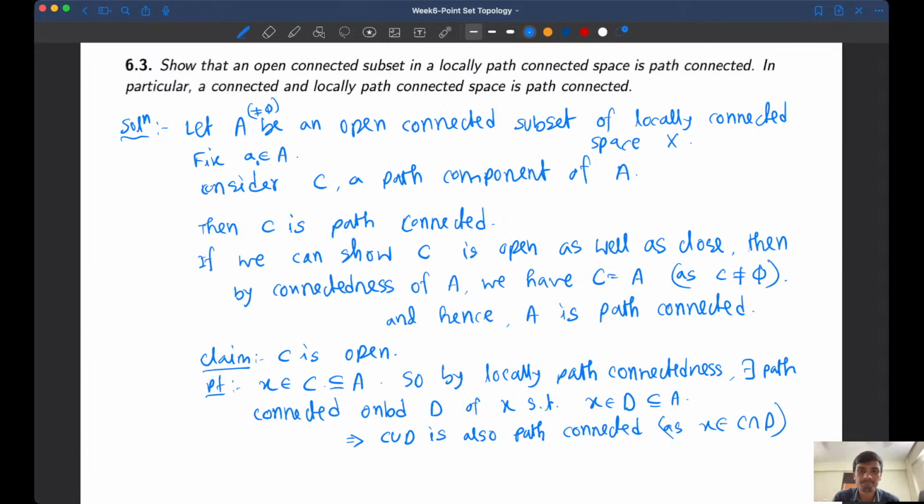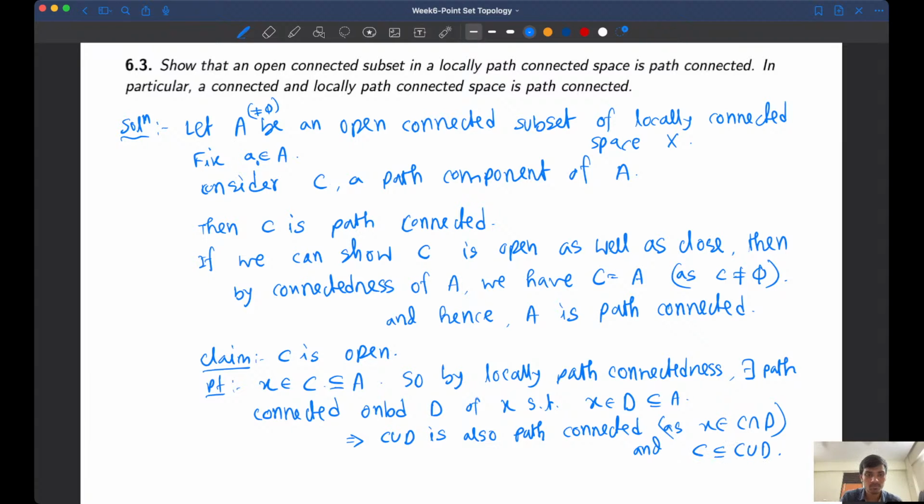So, the other things you all are fine. So path component, so this is path connected. Now C is contained inside C union D, again by maximality.